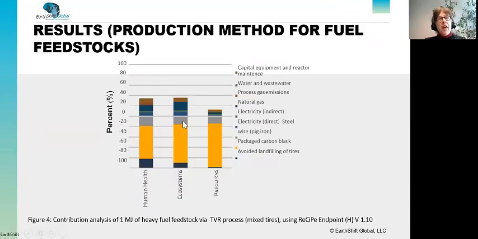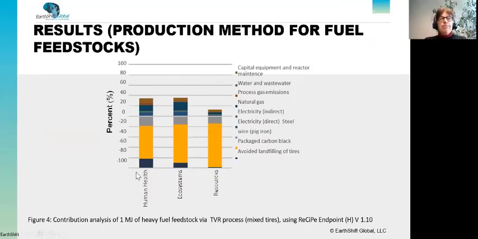We looked at it then as a method for fuel feedstock production. The fuel feedstock that they are producing has a bio-based content because all of those tires have some natural rubber in them. And so it's a mixture of fossil and bio-based fuel feedstock.